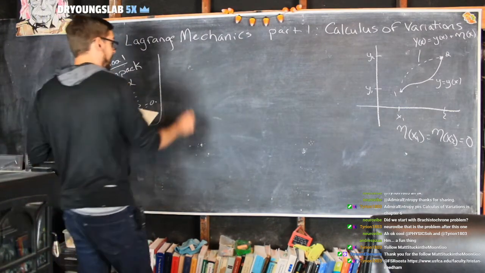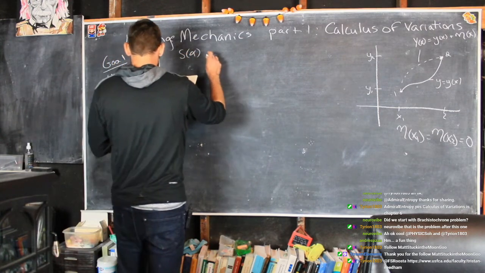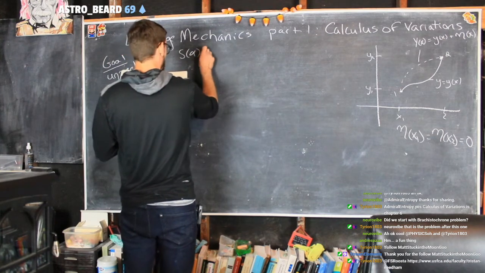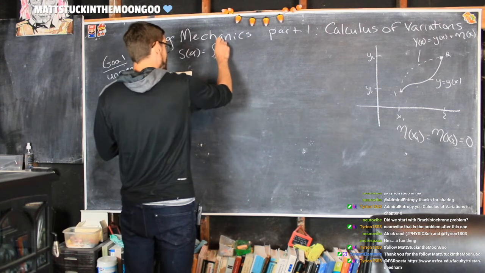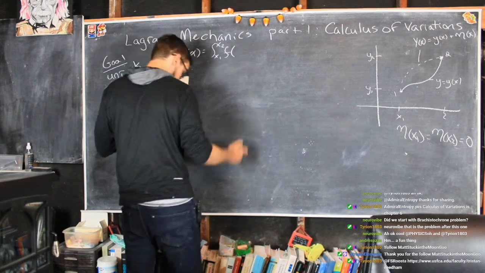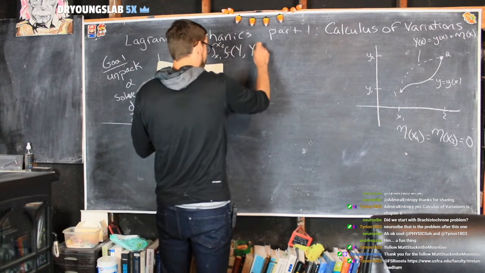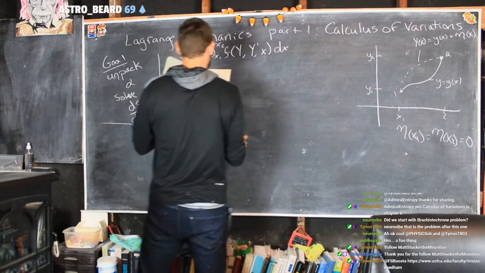Let's unpack it. We have the function S of alpha, which is equal to the integral from x1 to x2 of f of big Y, Y prime, x dx.